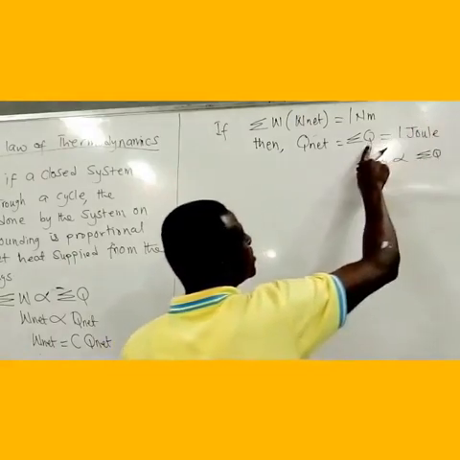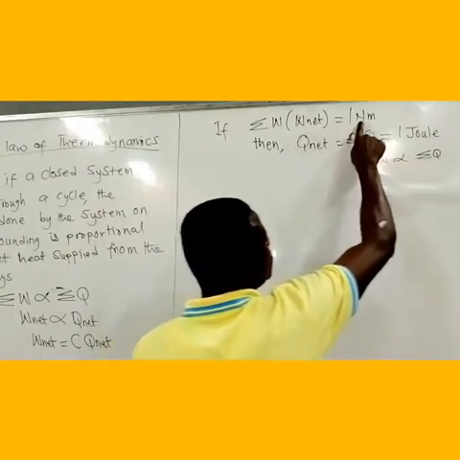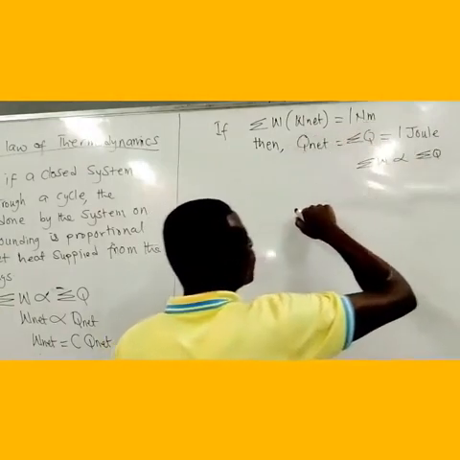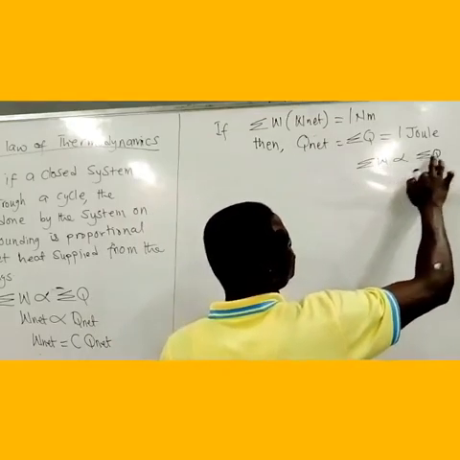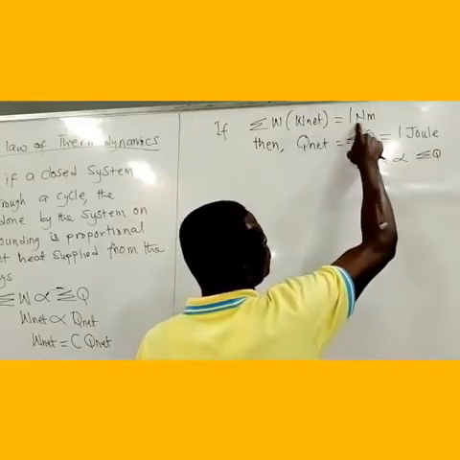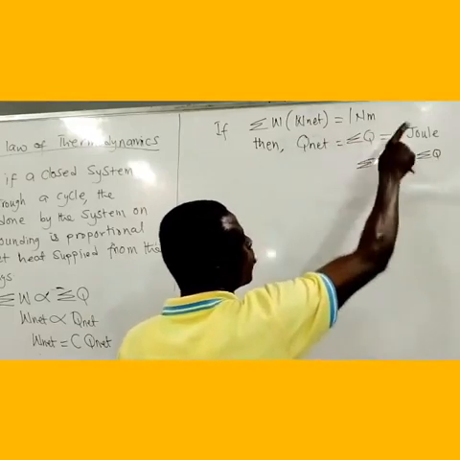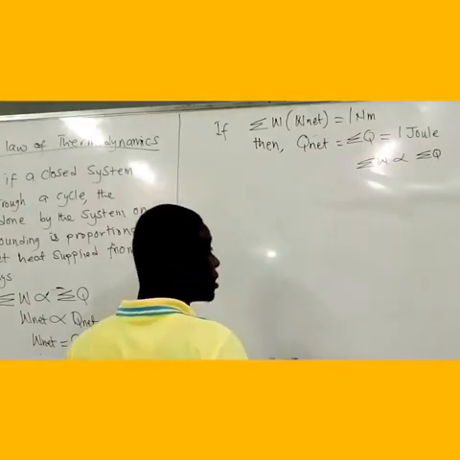The unit of heat is joule, and the unit of work is Newton meter. So if work is directly proportional to heat, then whilst work is 1 Newton meter, heat will also be 1 joule. So they should all be the same.